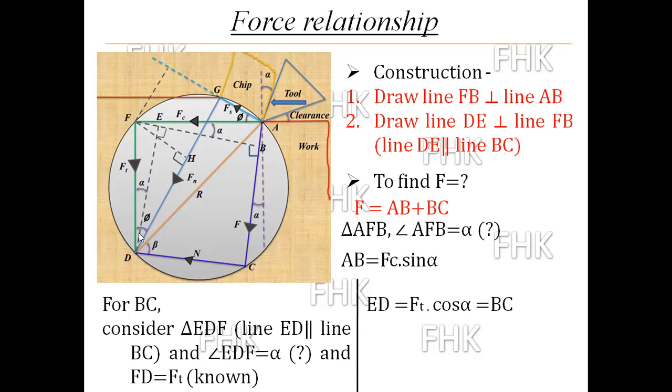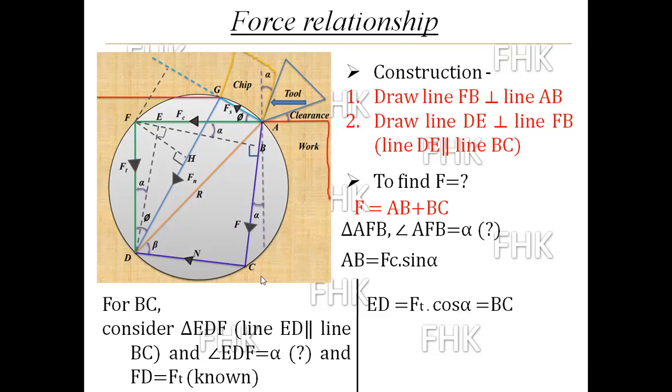This is the adjacent side, this is the 90-degree angle, and this will become the hypotenuse. So I will take the cos relation of these two sides. I have to find ED, so ED will become FT cos alpha, which is nothing but BC, because ED is equal to BC.